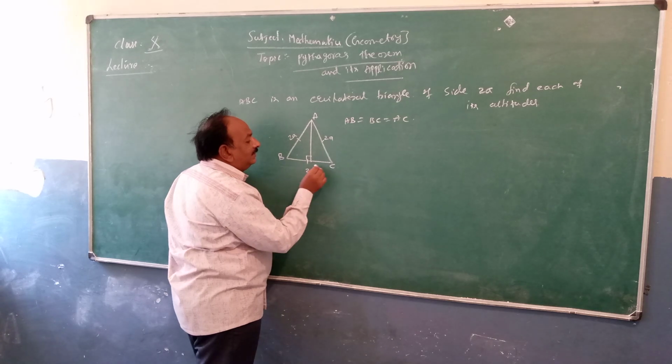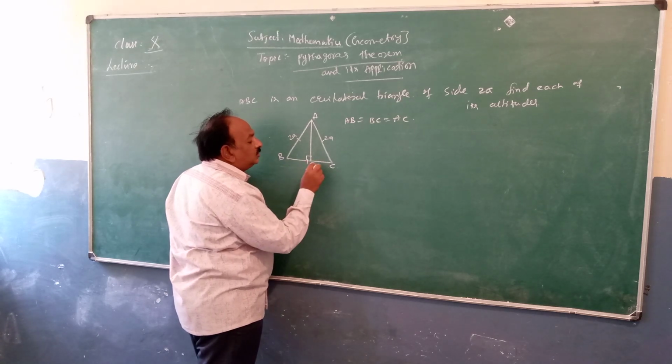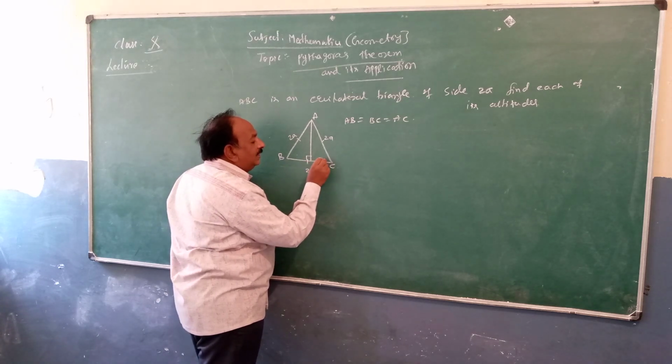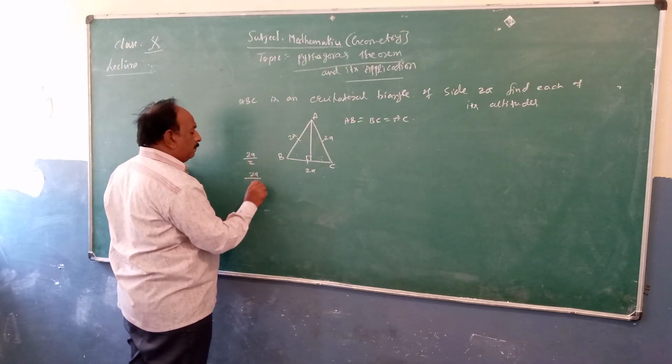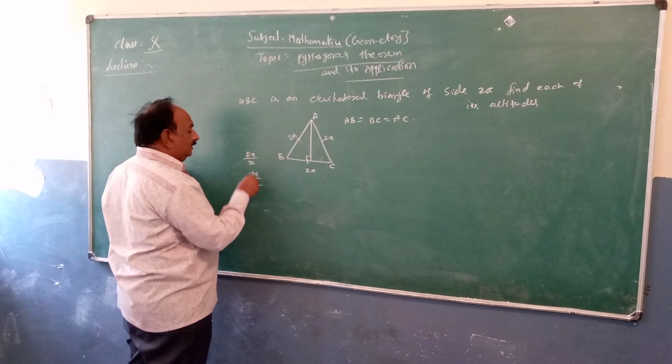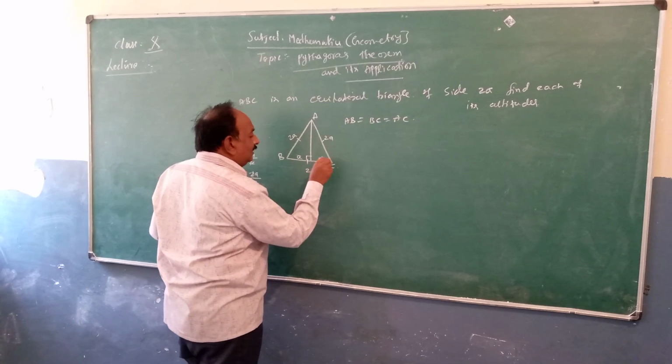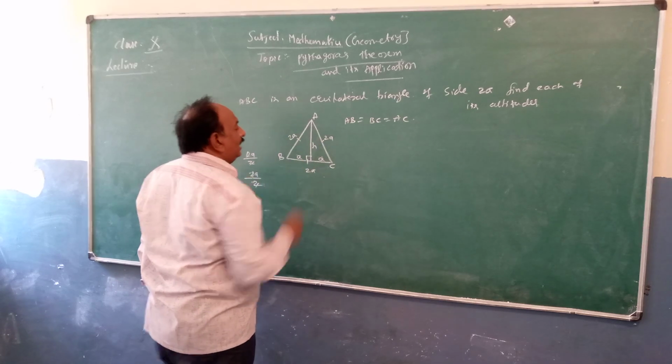It means it is 90 degree. These two sides total is 2A, so each side becomes 2A by 2, the 2 cancels, and what is here? A. H is the altitude.